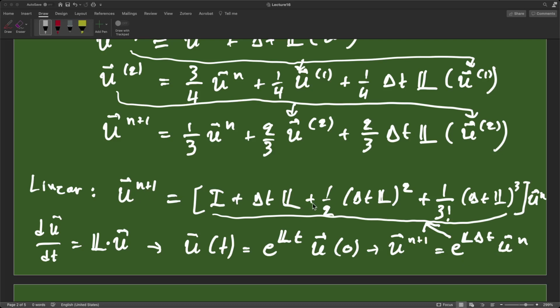Here we have approximated e to the L delta t by a Taylor expansion, and this breaks the symmetry. In practice, this means that certain symmetries of the exact system will be violated upon time discretization with such methods.